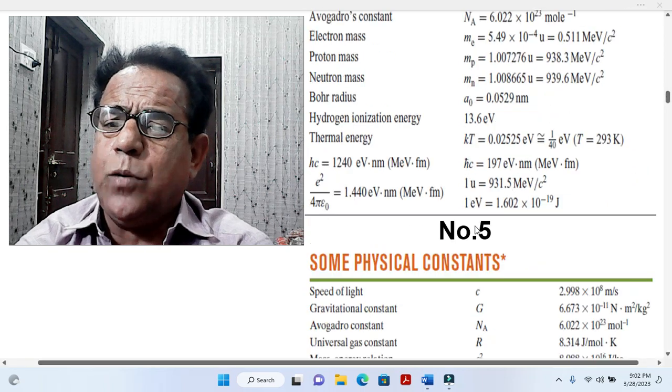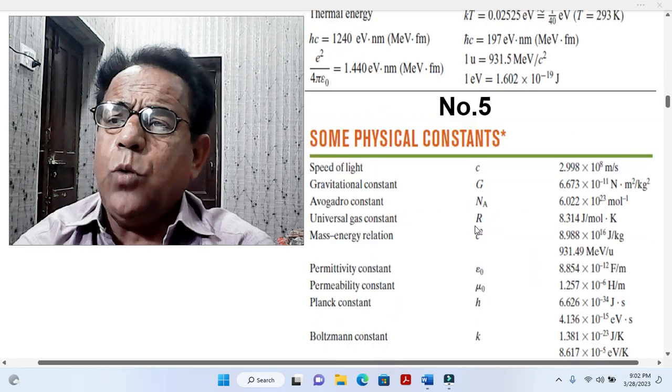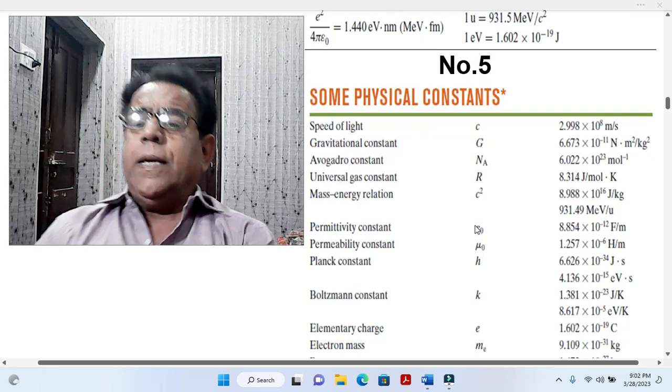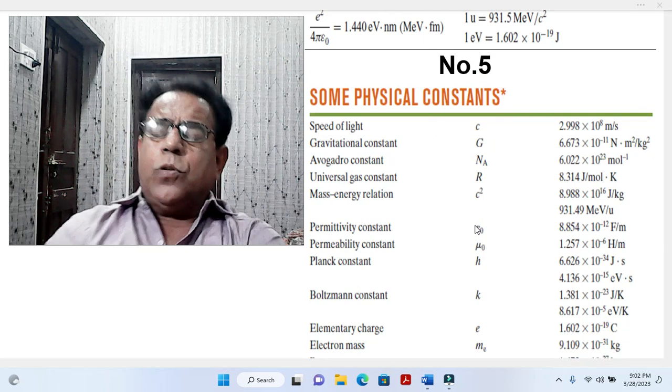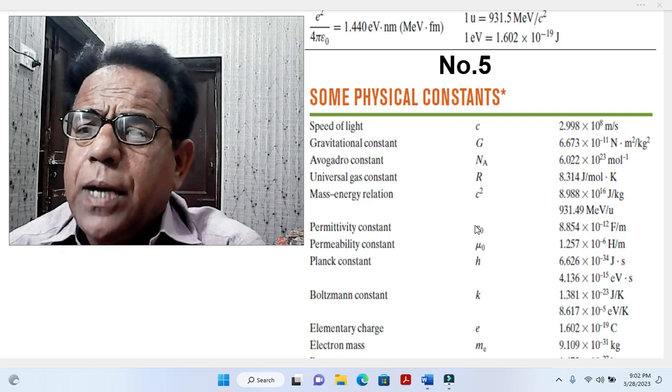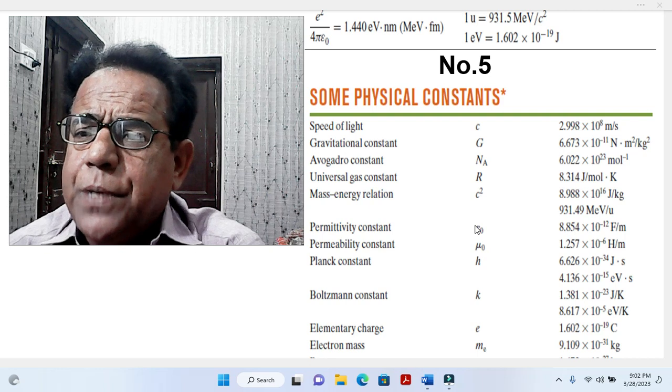Now we move to the next tool, number 5. There is nothing new in this tool. Almost all things have been covered previously.